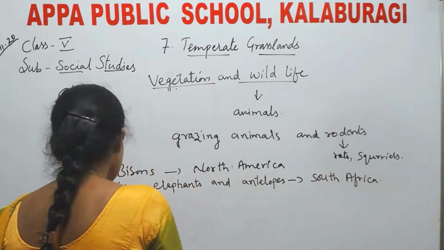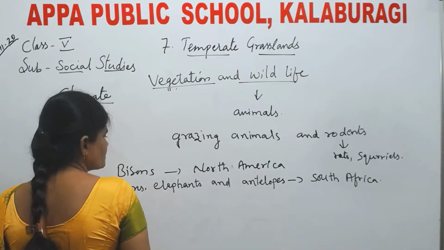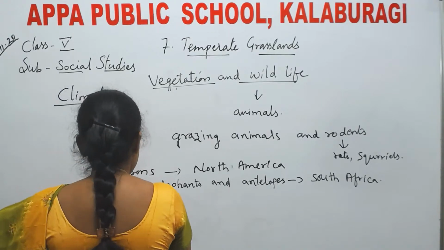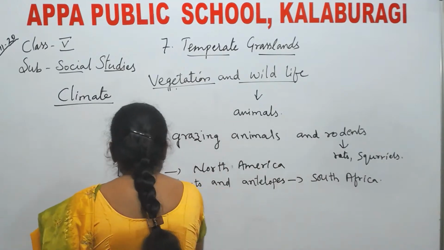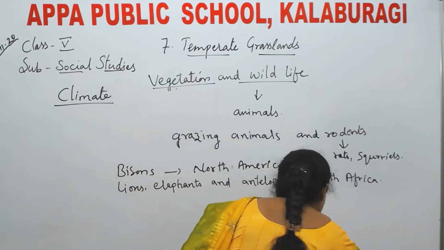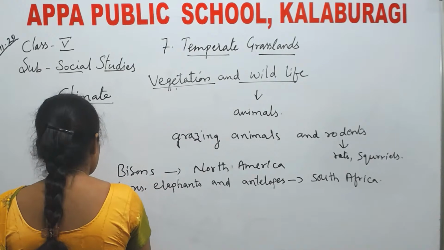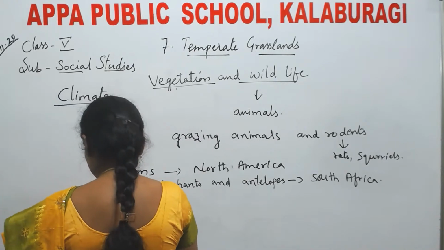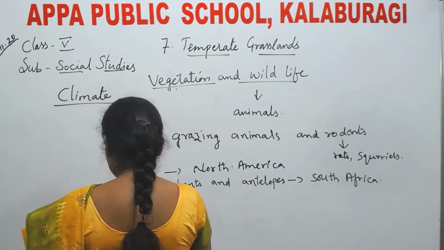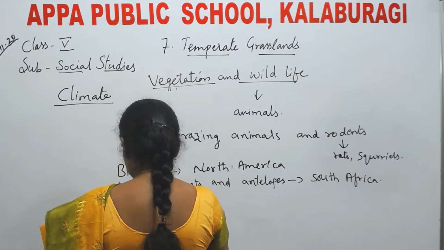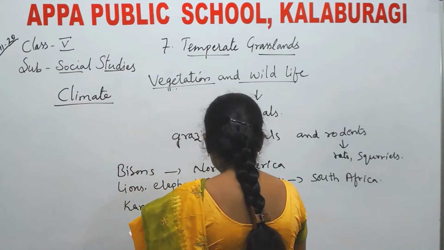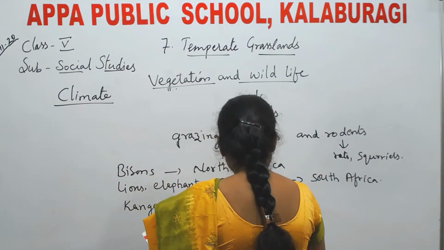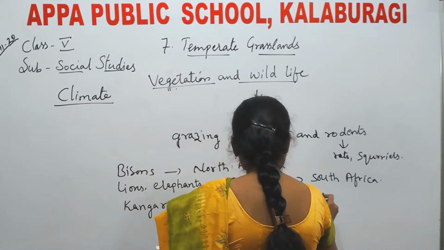Next, Australia is called the home of kangaroos, wallabies, and koala bears.